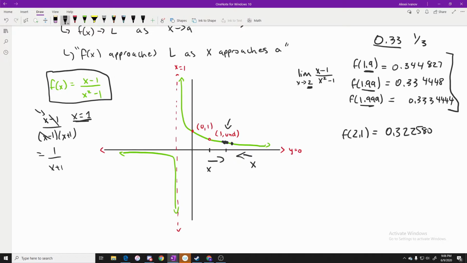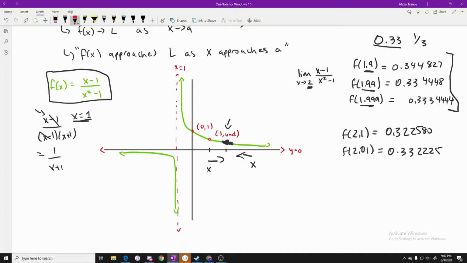Now if we were to get a little bit closer, let's say over here, that value might be f at 2.01. And the value of the function at 2.01 will be 0.332225. And now finally, let's get even closer to this point right here.